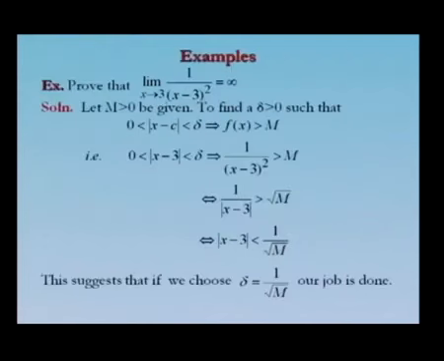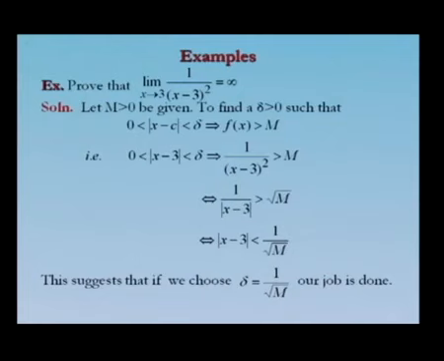We can understand it through this example. We are proving the limit x tends to 3, 1 upon (x - 3) whole square equals infinity. So first we choose a number m greater than 0, and we have to find a delta greater than 0 such that when |x - c| lies between 0 and delta, then f(x) is greater than m.